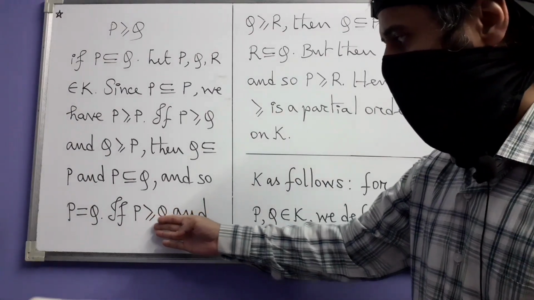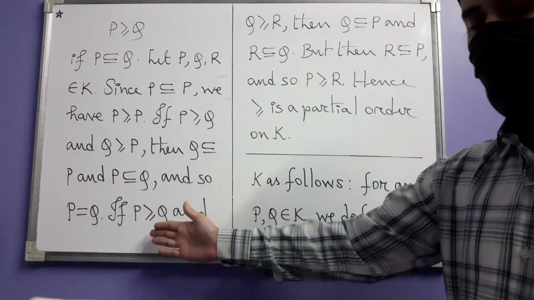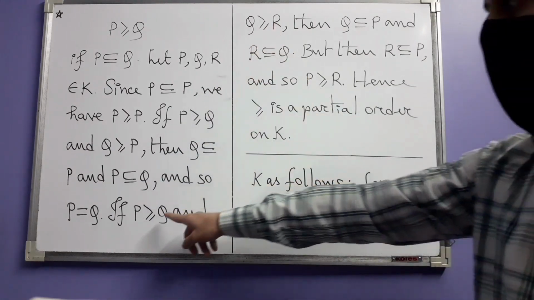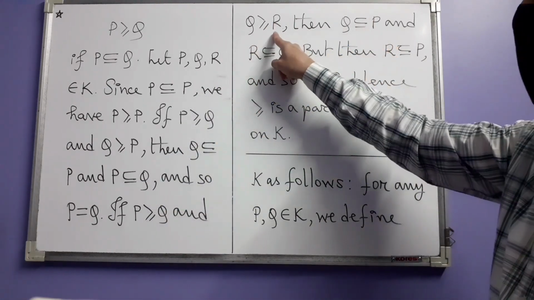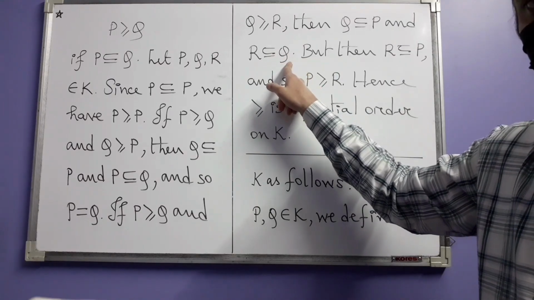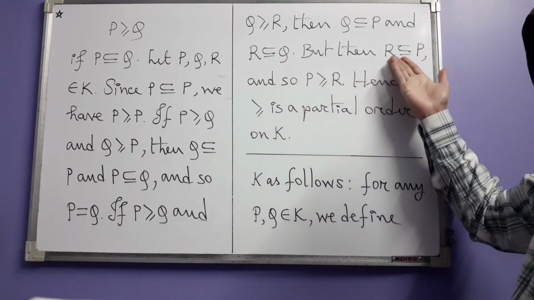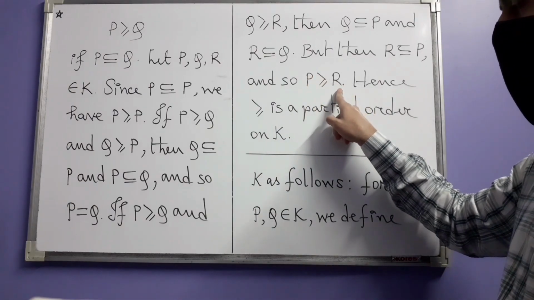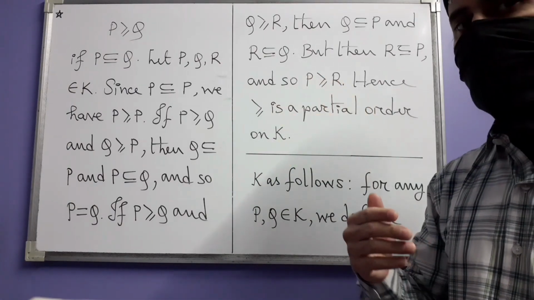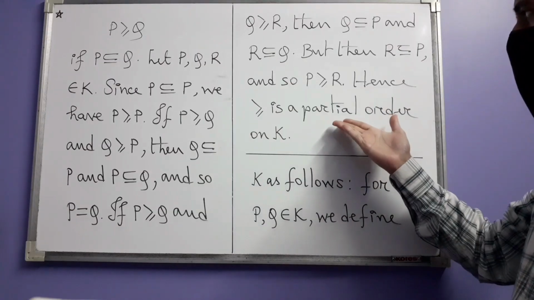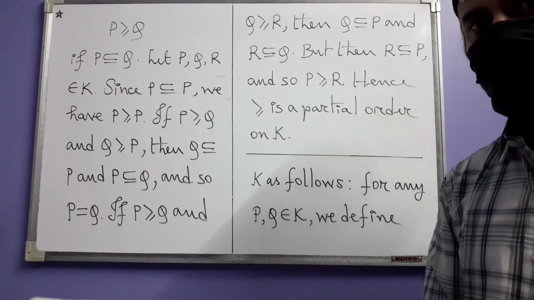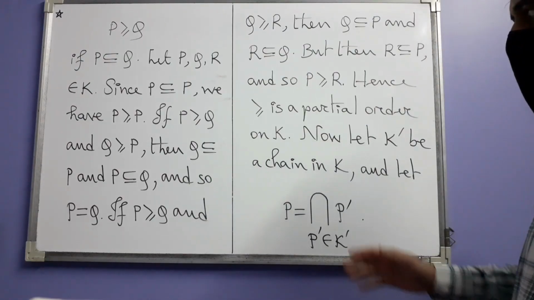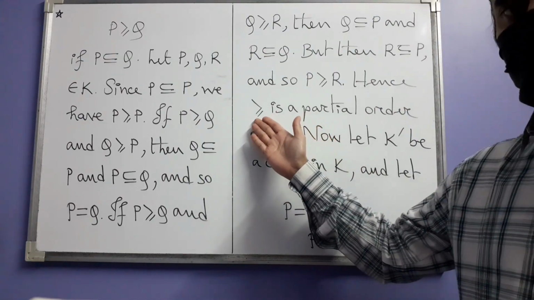And finally, we assume P is greater than or equal to Q, which is greater than or equal to R. But this means that Q is a subset of P, and this means that R is a subset of Q. And that is why R is a subset of P. And because of that, P is greater than or equal to R. So our relation is transitive as well, and that's why it's a partial order on K. So now our collection K has become a partially ordered set with respect to this relation.